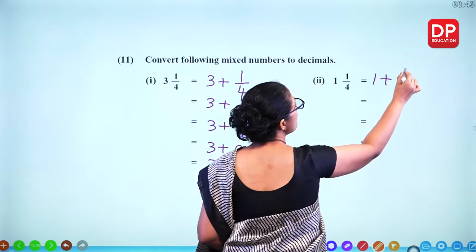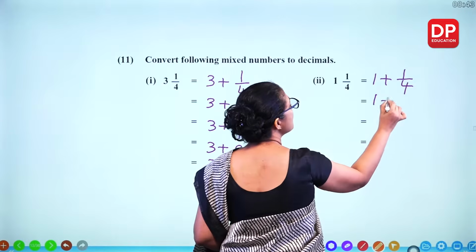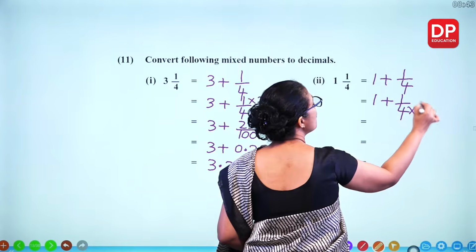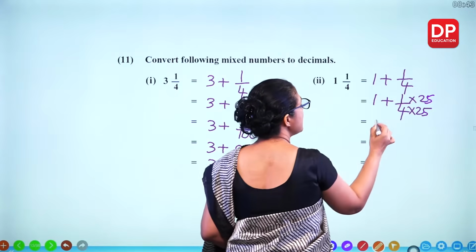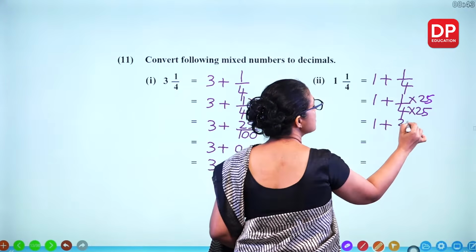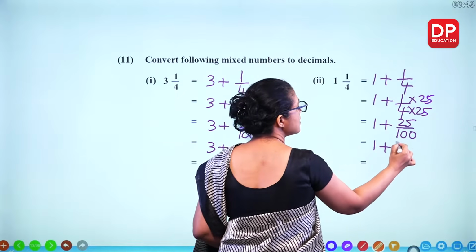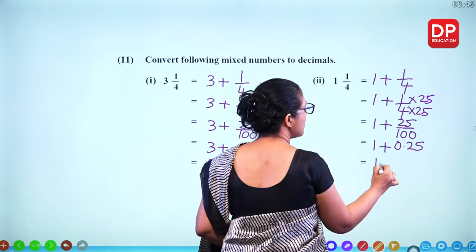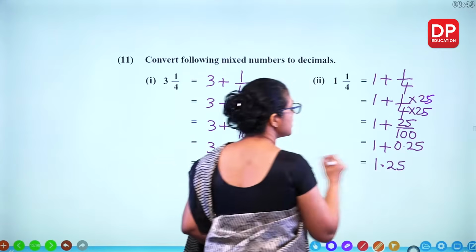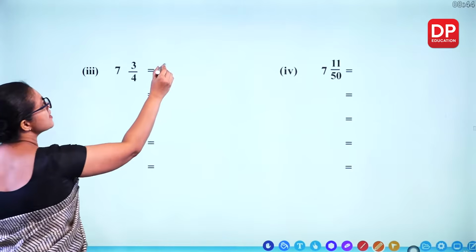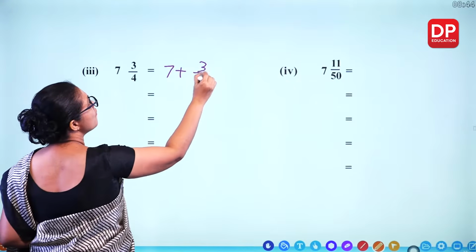This one, 1 and 1/4. So 1 plus 1/4. 1/4 convert to a decimal, multiply by 25 both the numerator and the denominator. 1 plus 25 over 100. So 1 plus 0.25, you get 1.25. 7 and 3/4. 7 plus 3 over 4.